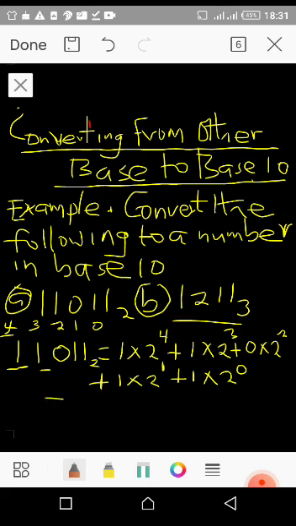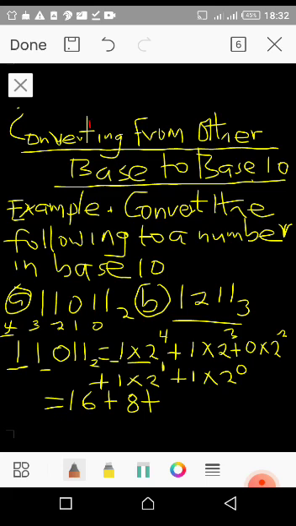Now let's actually do this. 2 raised to the power of 4 is 2 times 2 times 2 times 2, which gives you 16, and 16 times 1 is 16. Plus 2 raised to the power of 3 is 8, and 8 times 1 is 8. Use your calculator to confirm.